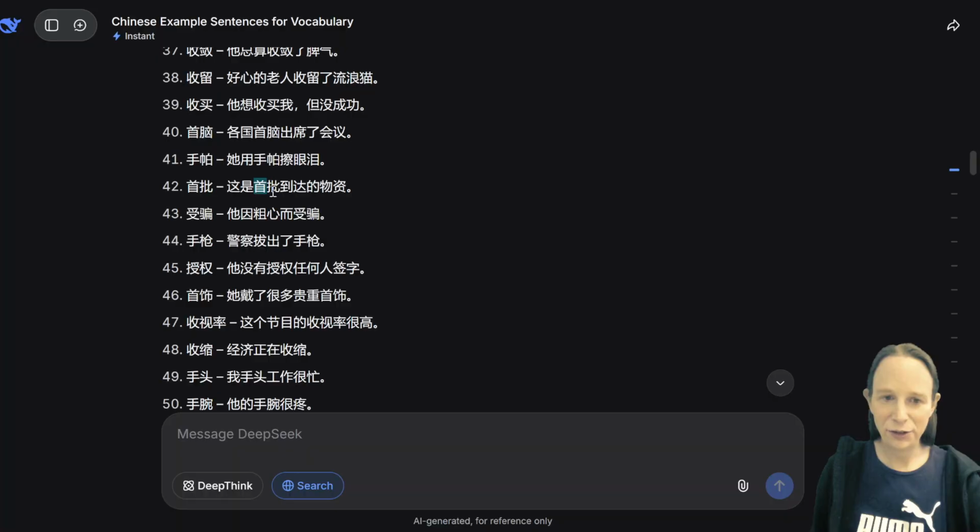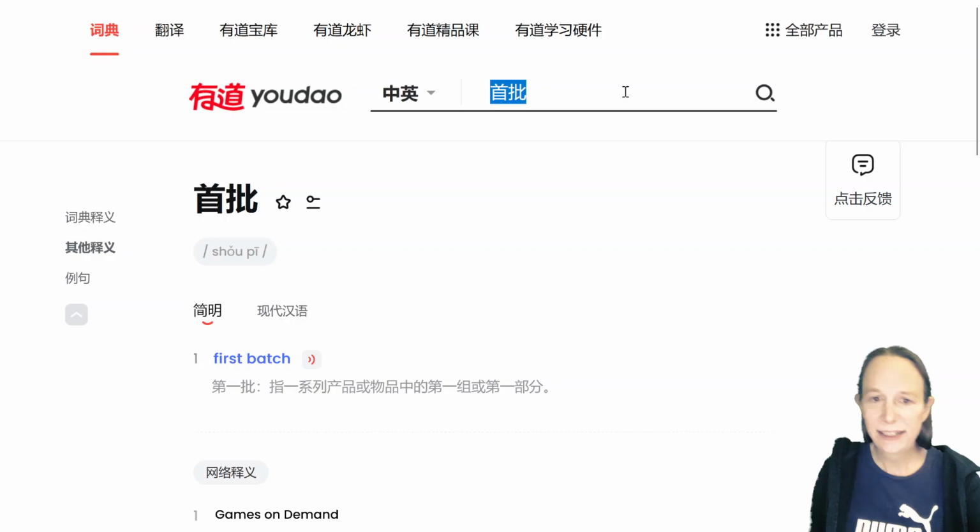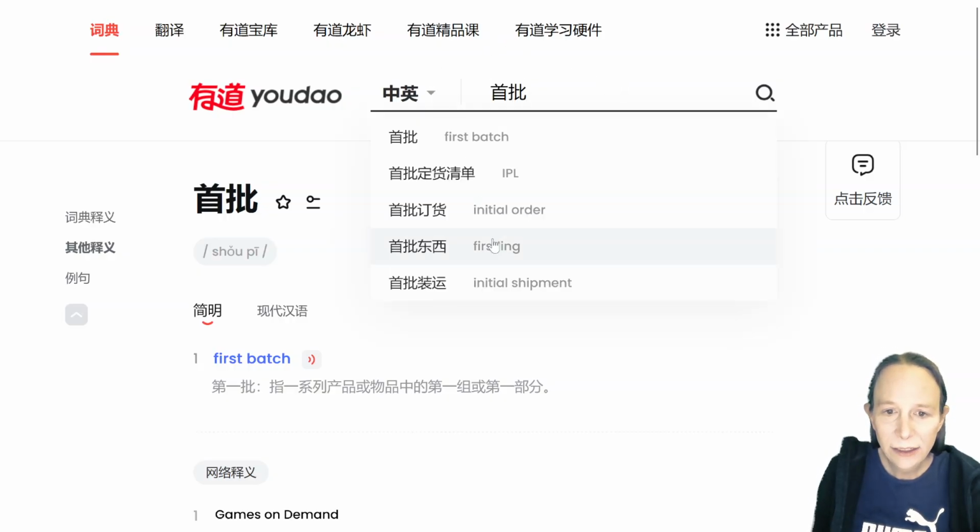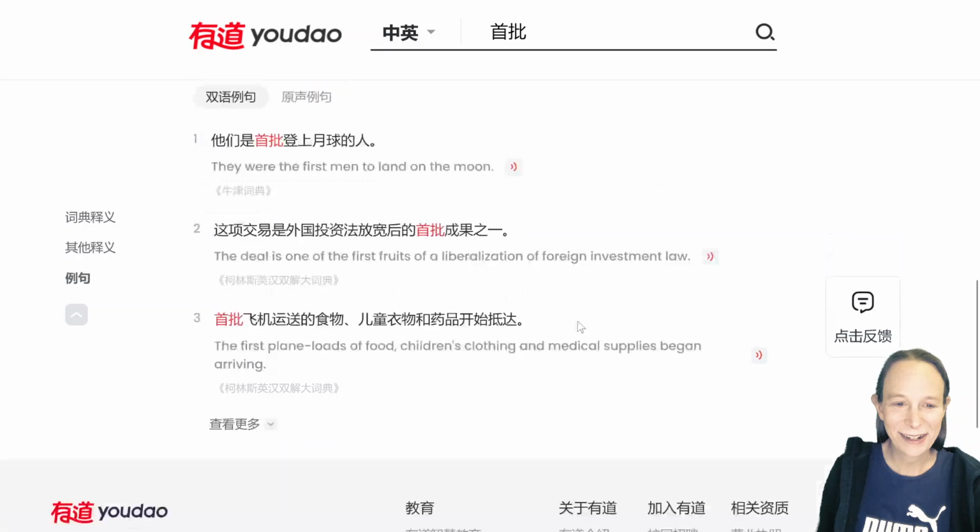And 首 is just used to modify 批. 这是首批到达的物资. So it's functioning as an adverb, modifying this. That's a little unexpected. Maybe that's what they're trying to teach us. 首批东西. Firstling. Is that a word in English? I don't know. It kind of feels like it should be a word if it's not a word.